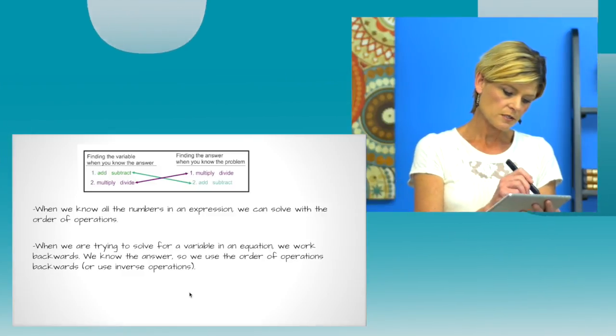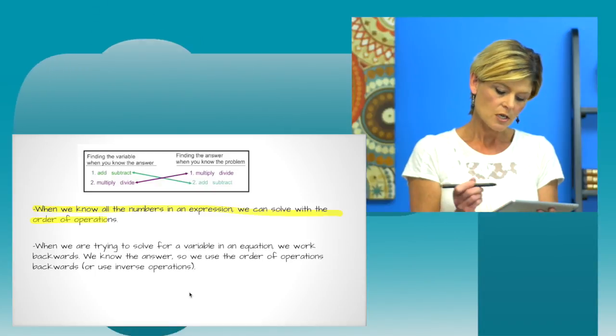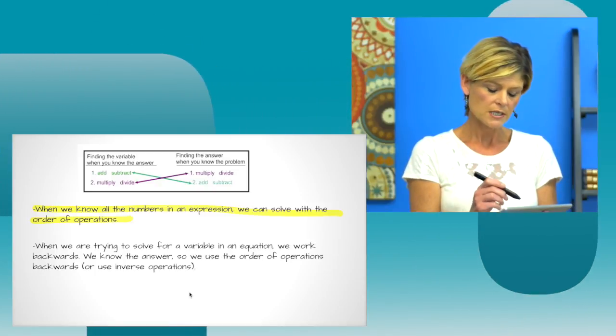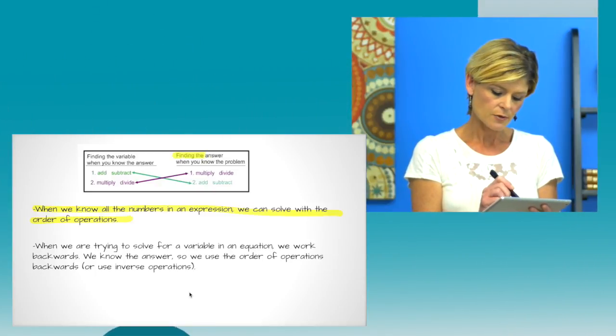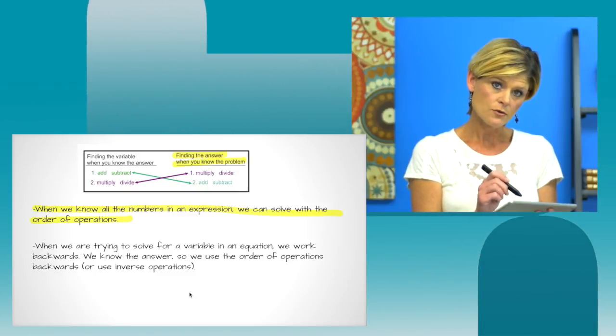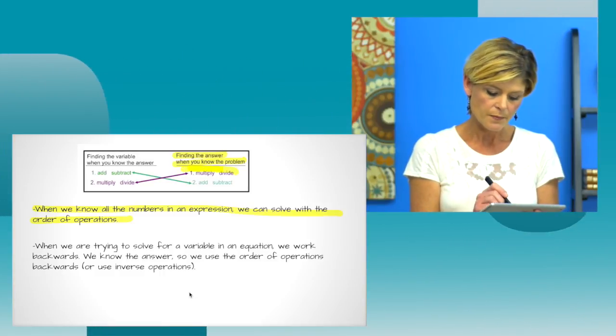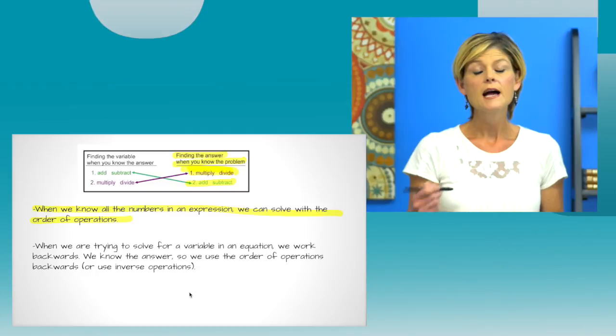Okay, so to sum up, when we know all the numbers in an expression, we can solve with the order of operations. And that's on the left side, or my right side, of the graphic over here. Finding the answer when you know the problem, you're going to follow the order of operations. First you multiply and divide, then you add and subtract.